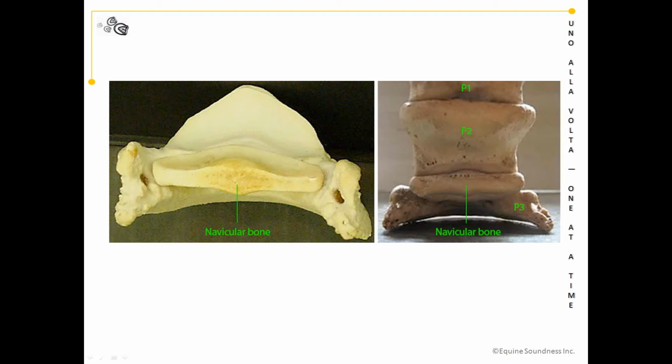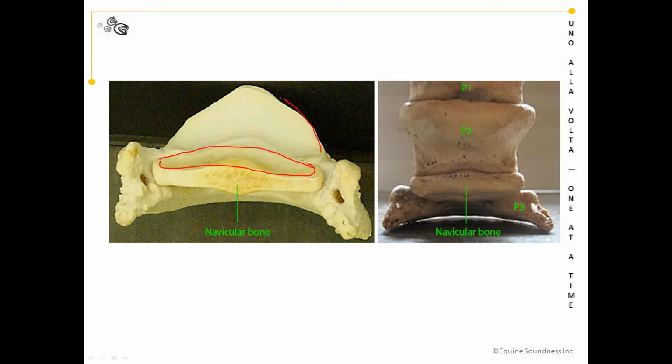Here again, this is how the navicular bone sits in the back, and it articulates. It has a joint surface here with the coffin bone, and this here is actually the joint surface for the short pastern bone.